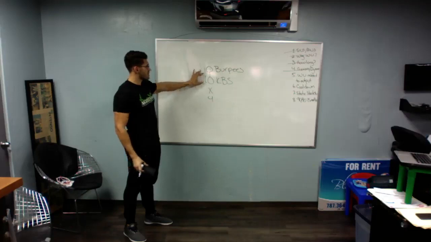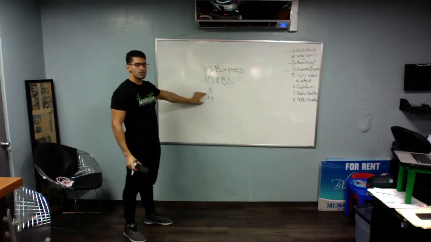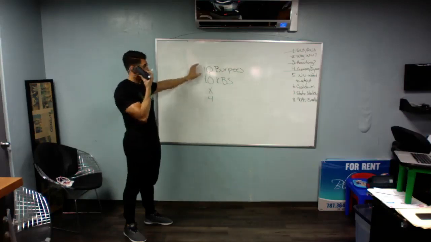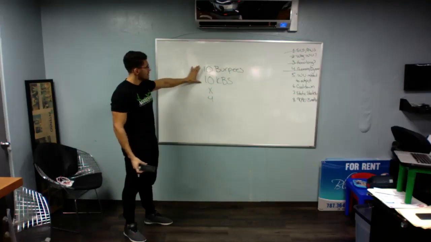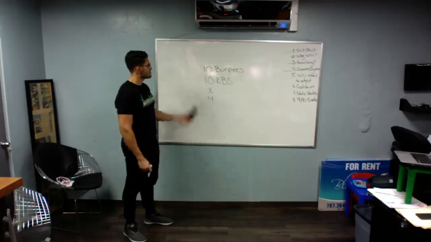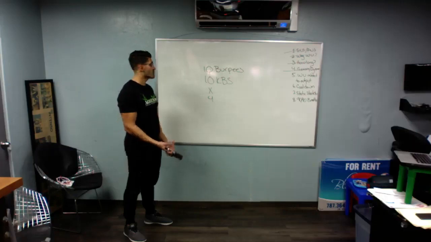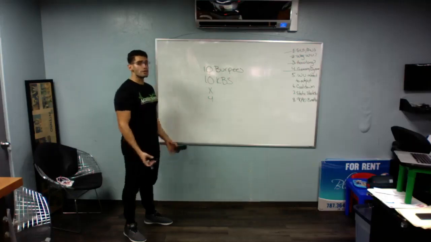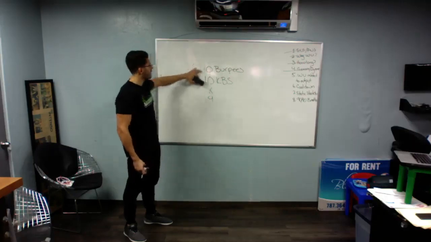So 10 burpees, 10 kettlebell swings, 4 times. So this should take around 2 minutes, 40 burpees, 40 kettlebell swings. So that should be taking about 2 to 3 minutes, depending on how fast you go and how high on the burpee you actually extend.